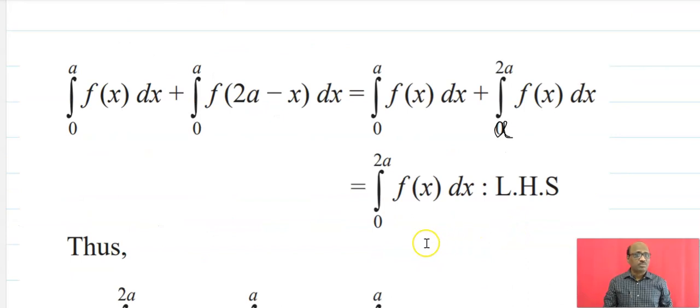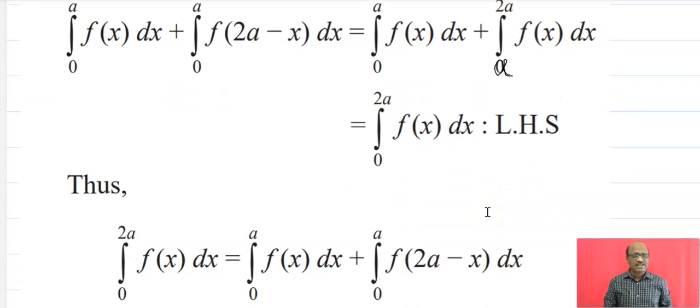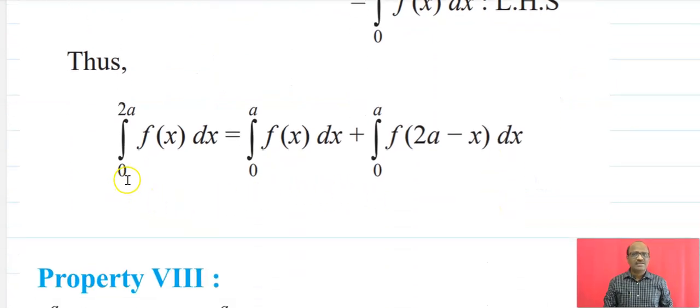Again by using the property, that is 0 to a to 2a, that's nothing but 0 to 2a f of x dx, which is our LHS, and hence integral 0 to 2a f of x dx is equal to integral 0 to a f of x dx plus 0 to a f of 2a minus x dx.